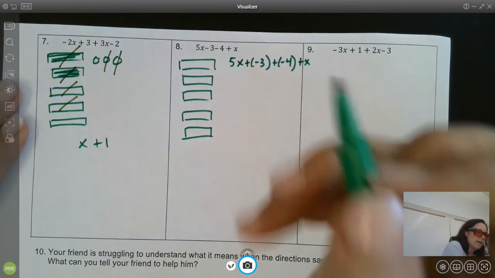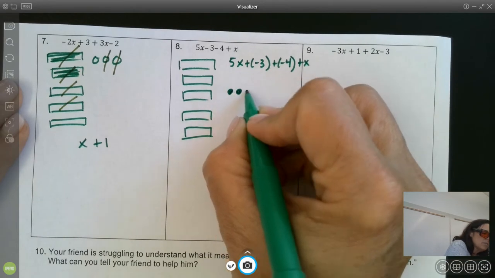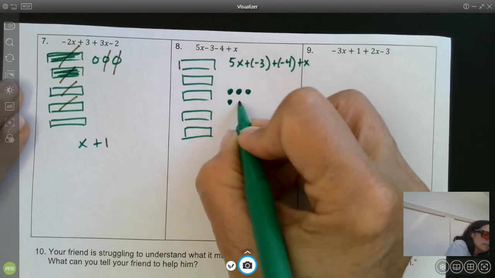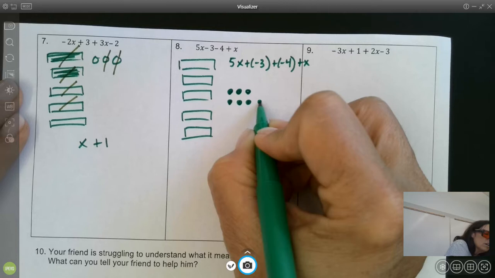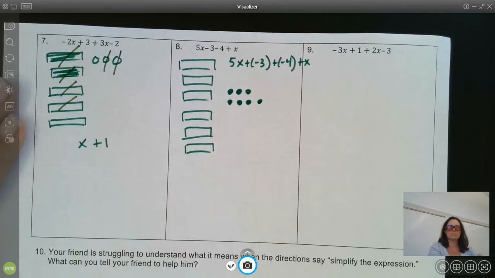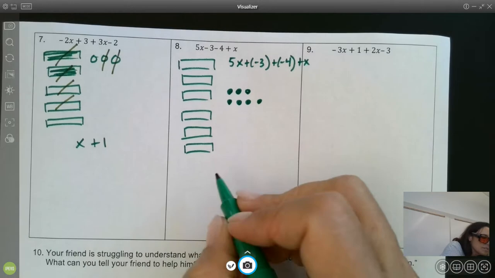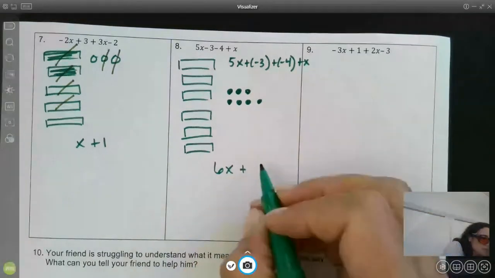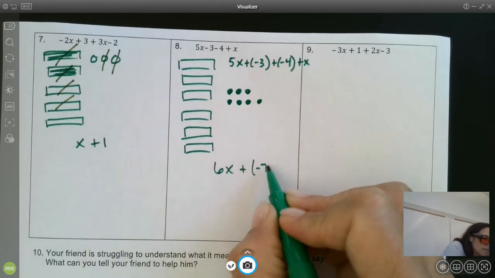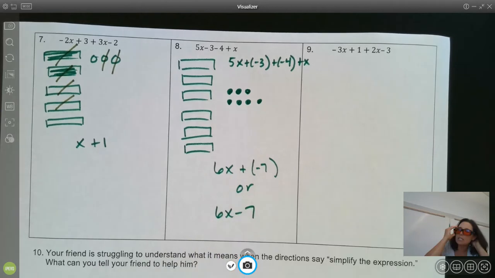Okay, that way I can just put in 3 negatives, 4 more negatives, and another x tile. Okay, so my answer is 6x plus negative 7, that looks like. Or if I want to write 6x minus 7 as my answer, that's fine too.